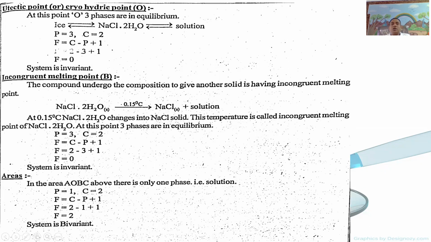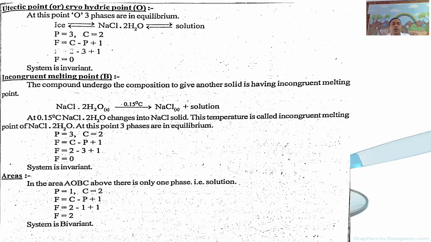Means at constant temperature and constant composition only, the three phases of the salt water system exist in equilibrium. At the eutectic point or cryohydric point, the temperature is minus 21 degrees centigrade and the composition is 23% of sodium chloride.